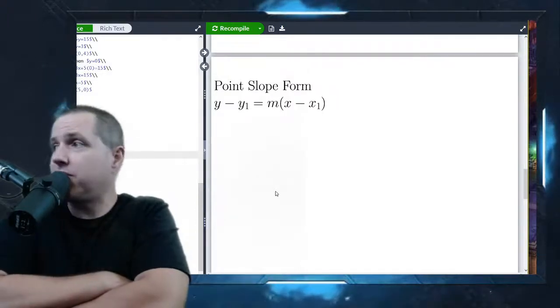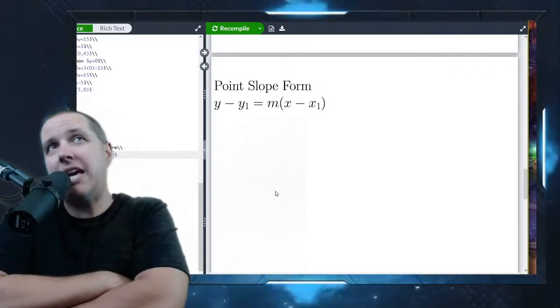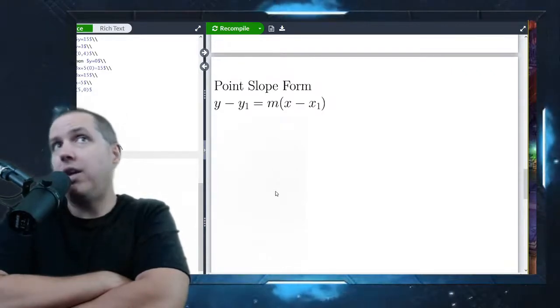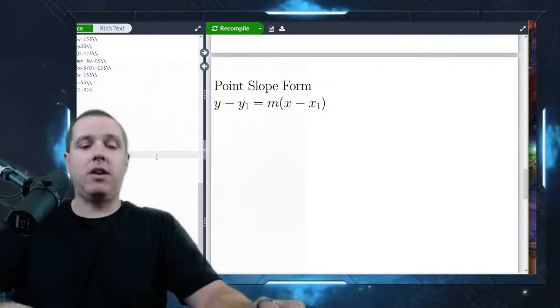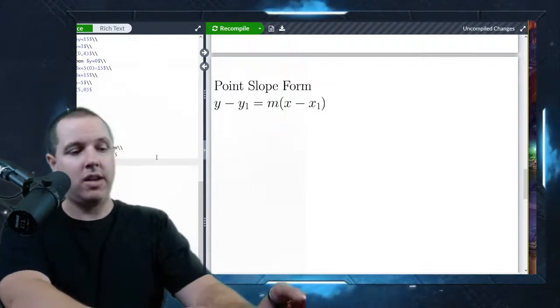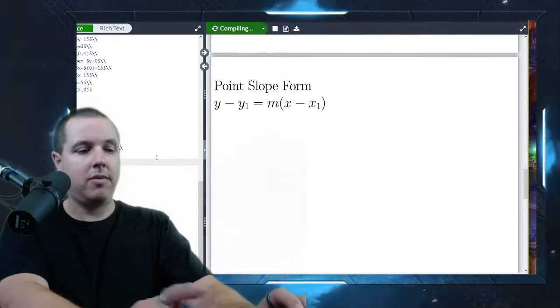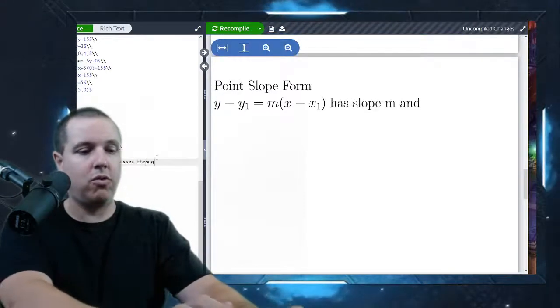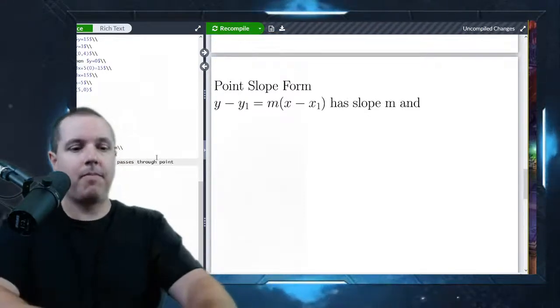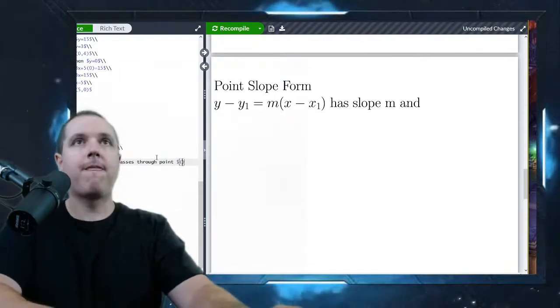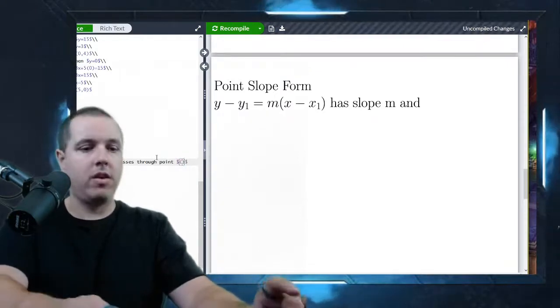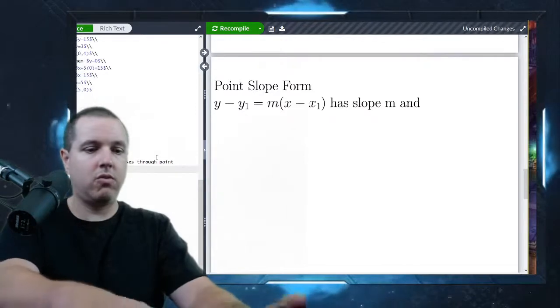Well, I see the slope because there's that letter m. And what is x1, y1? That's a point. So we can say that this form has slope m and passes through point x1, y1.